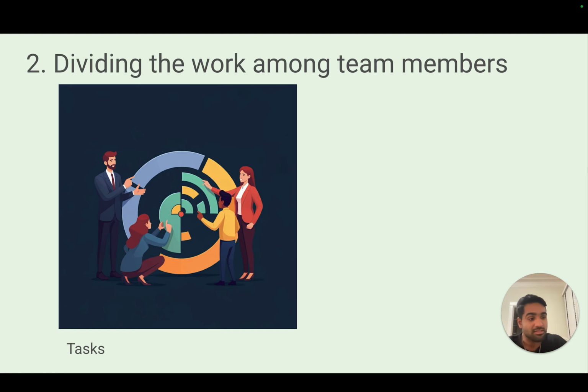The other aspect is, do you have strong enough leads that can own those sub-problems independently? And if not, you have to take some of this on yourself, right? But it's still important to go through this exercise of figuring out how to divide up the problem into smaller parts.